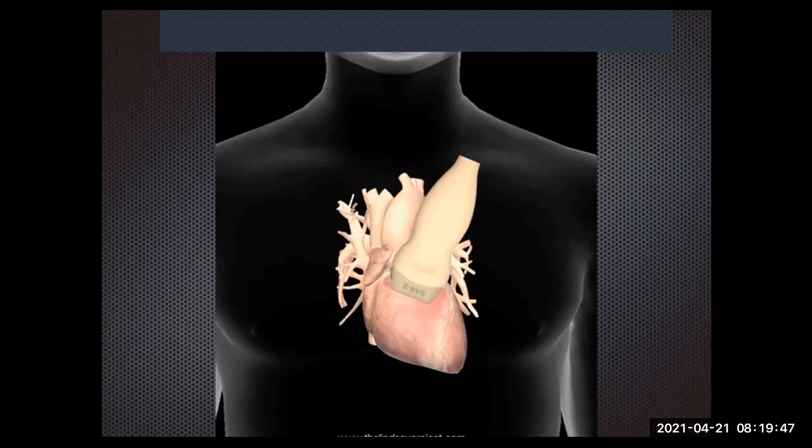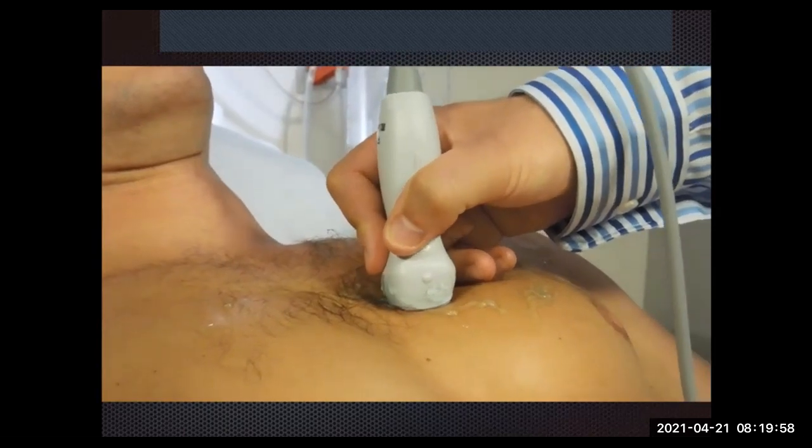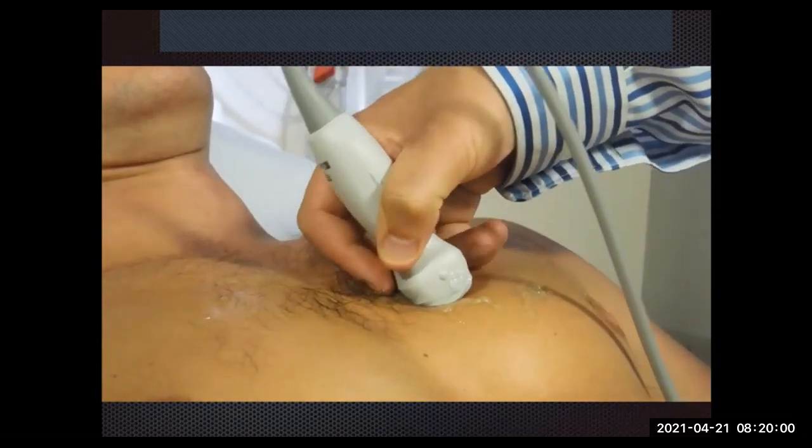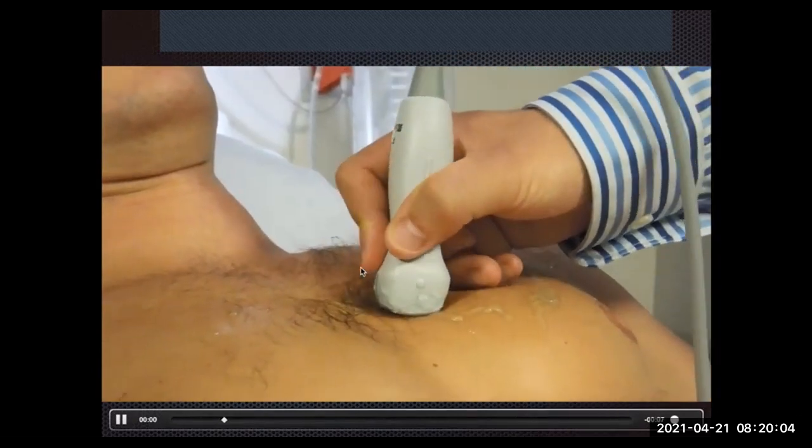Or alternatively, you can also sweep up or tilt your transducer to have a look at the aortic valve. So that's what that movement would look like. Here we have tilting towards the apex, which is located over here, and then tilting up to look at the aortic valve.